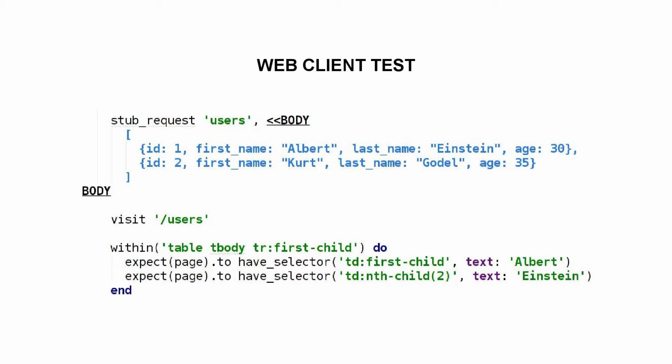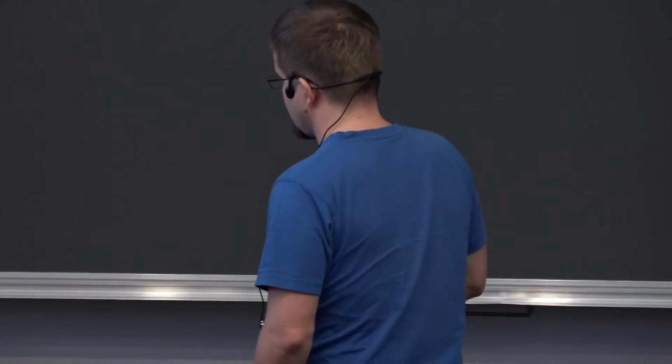Like in this example, I'm testing this table with users. So I need to stub this user's call. I need to hard code the response, and then I can test my application. Right here, I'm verifying that HTML rendered based on this hard-coded response is correct.